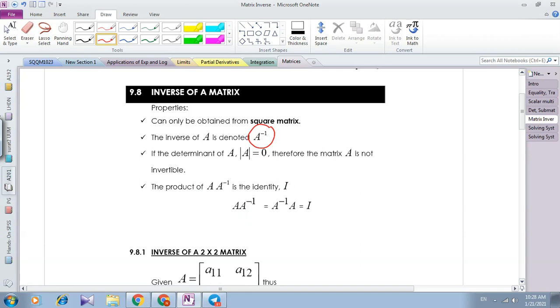So for inverse, this is always true, even though the sequence is different. That means before this, we have AB not necessarily equal to BA, but for inverse, A times A inverse will be the same as A inverse times A, which will result in the identity element.